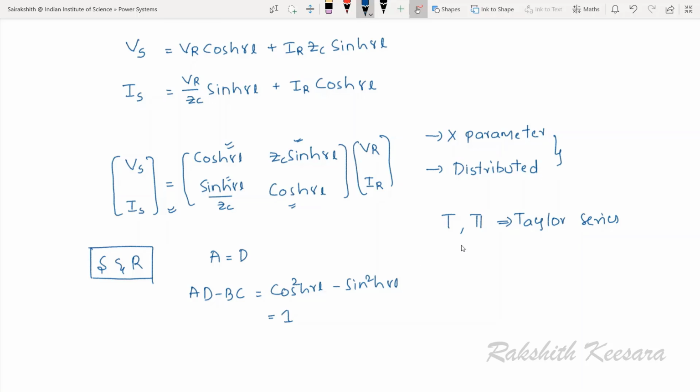After this, we will see the condition of lossless line and we will also see surge impedance loading, and some other things. After this, with the motivation that we got in between about the traveling waves, that is the incident wave and the reflected wave, we will see wave traveling analysis.